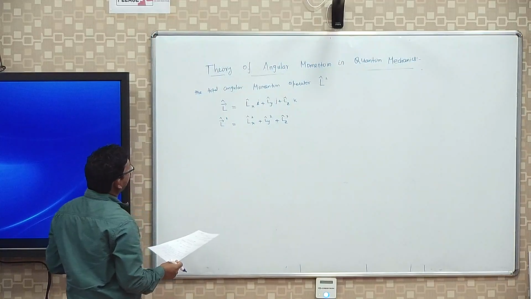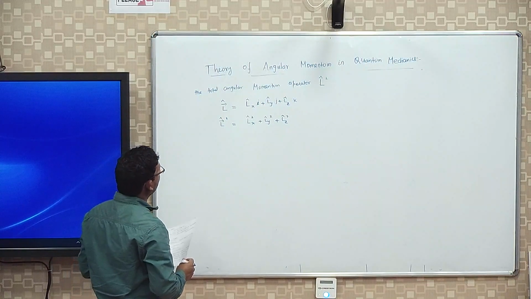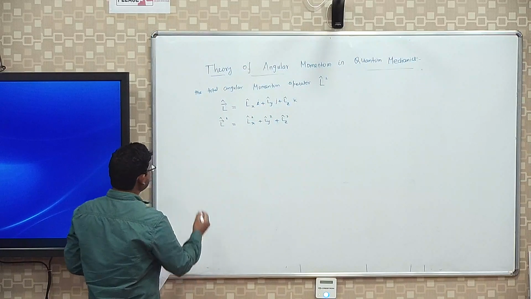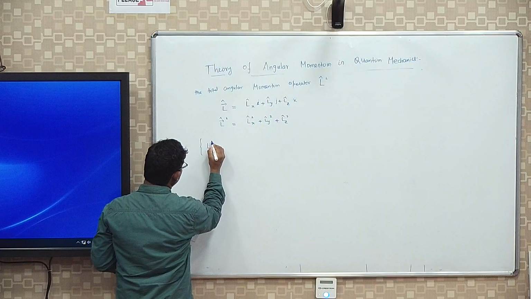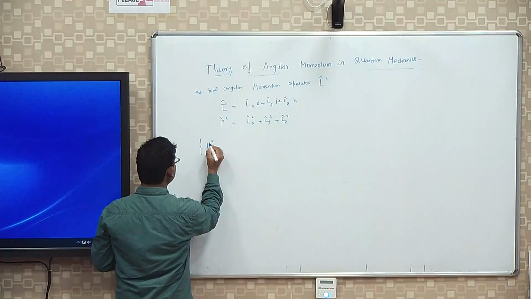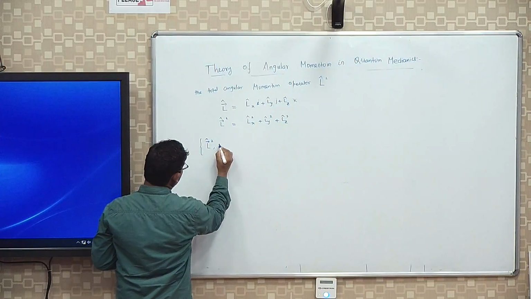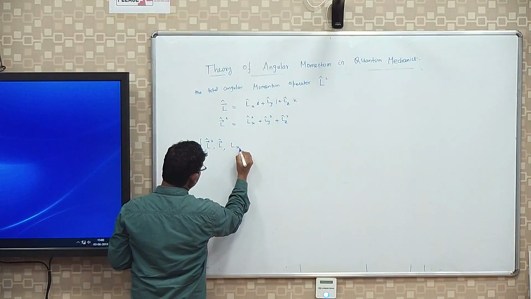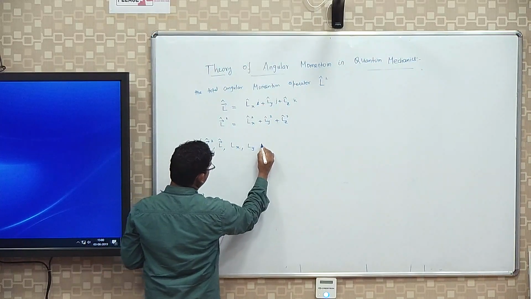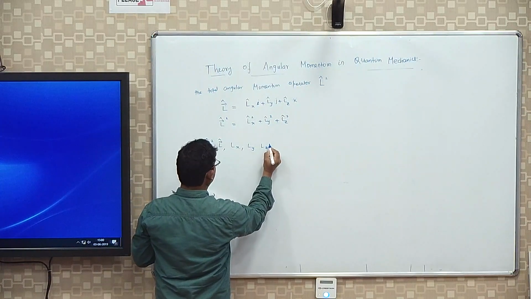We have a set of orbital angular momentum operators, that is nothing but L square, Lx, Ly, Lz.